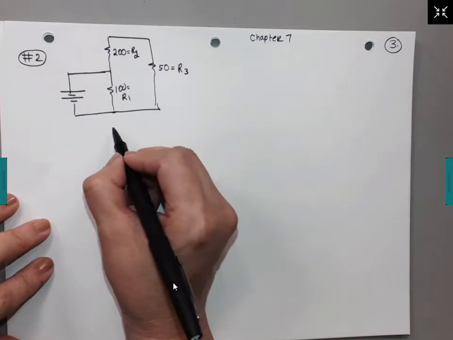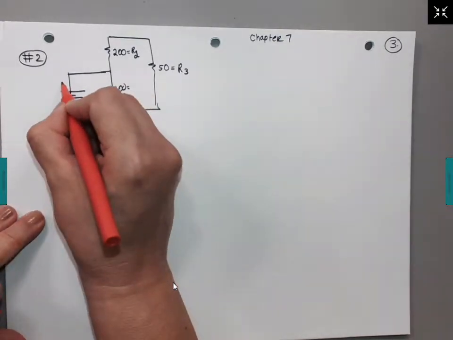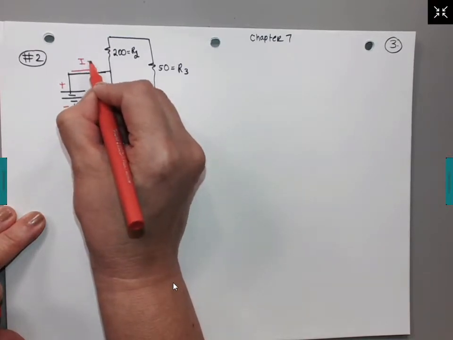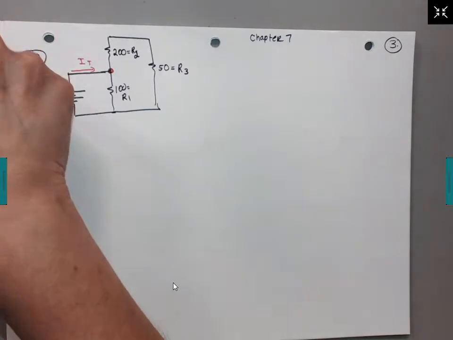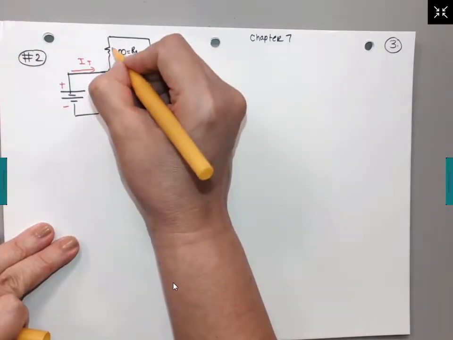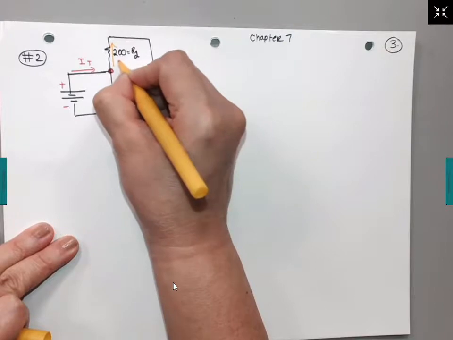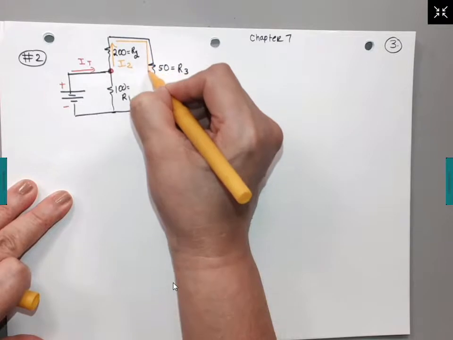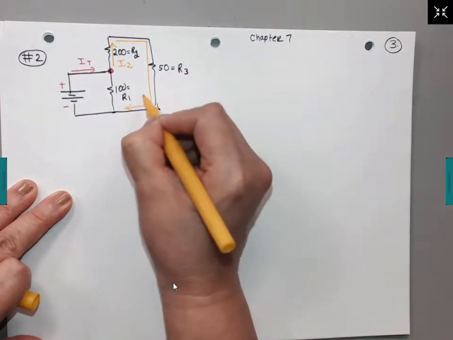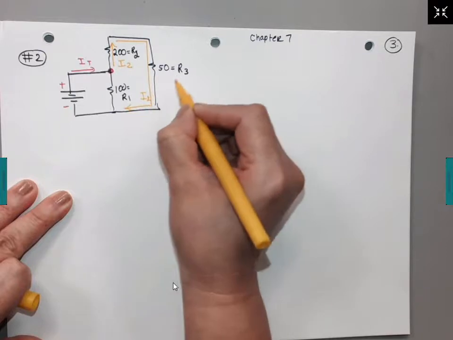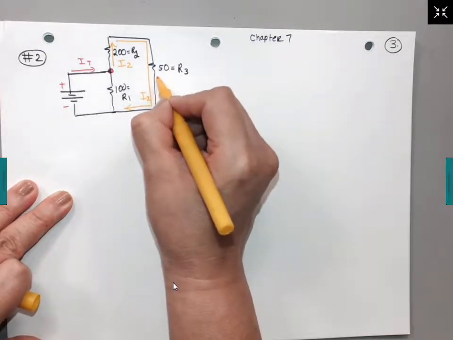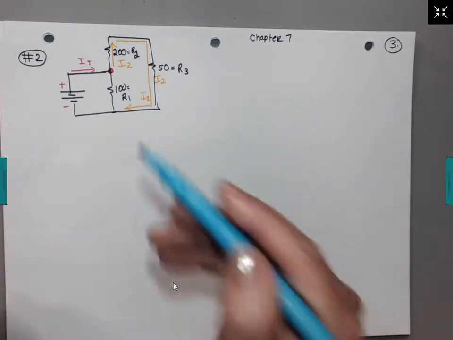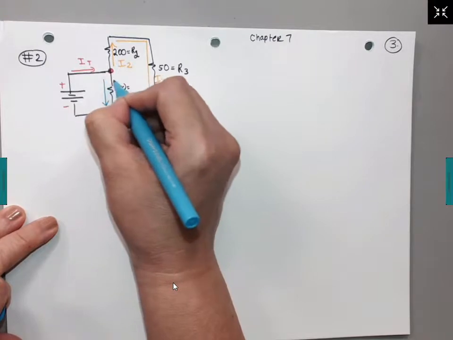So let's redraw it. So if you see my currents, notice there's no resistor here, but there is IT if there had been a resistor. At this node right here, we're going to split into I2, and I2 is going to continue all the way through. So the current going through R3 is I2. And then the current going down R1 is just plain I1.